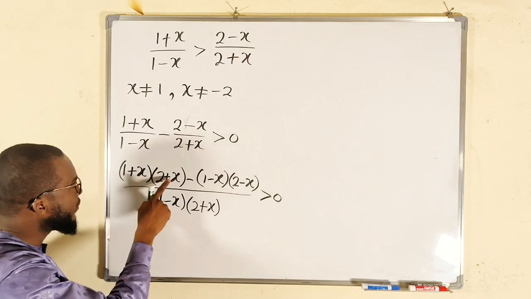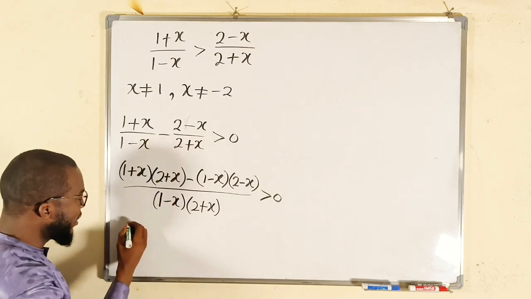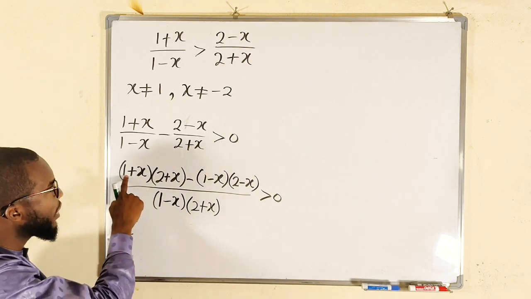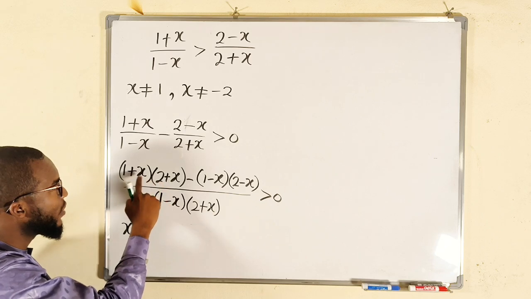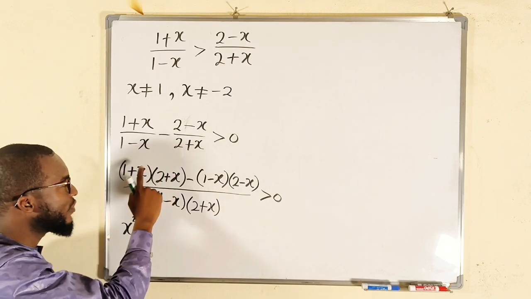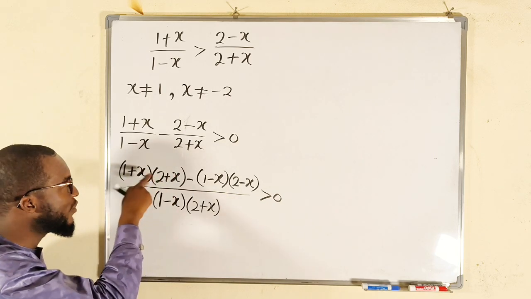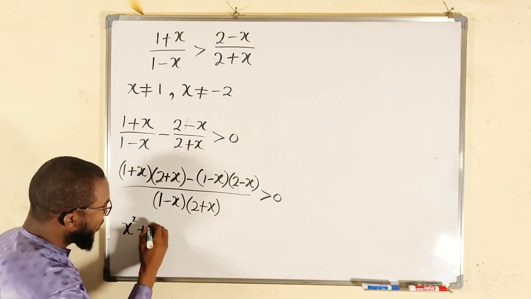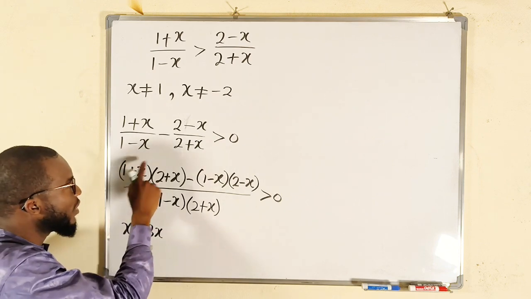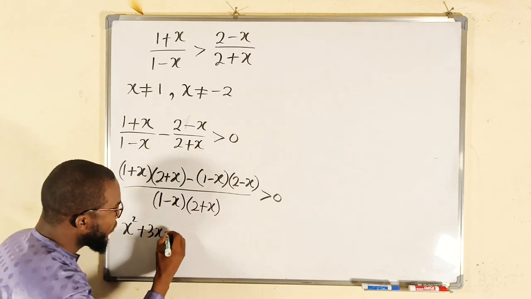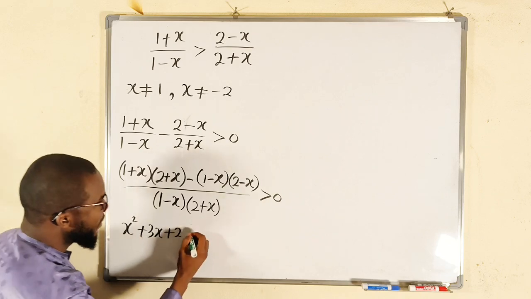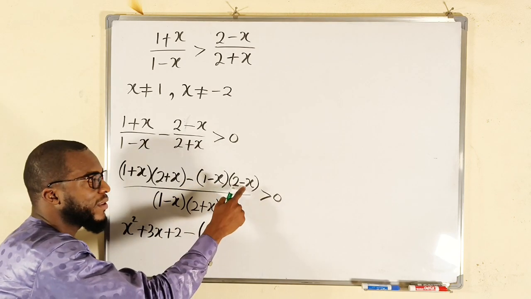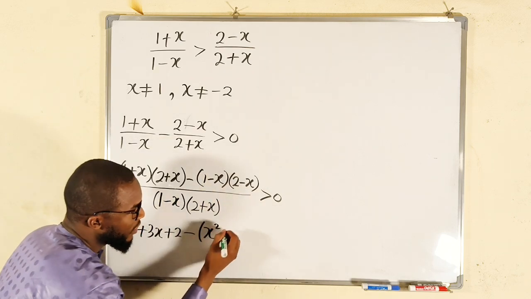I think we can simplify this as x times x will give us x squared, and we have 1 times x and x times 2. 1 times x is x, 2 times x is 2x. If you add the two together, you have 3x. We have the constant 1 times 2 will give us 2. The minus, let me use bracket here, negative x times negative x will give us x squared.